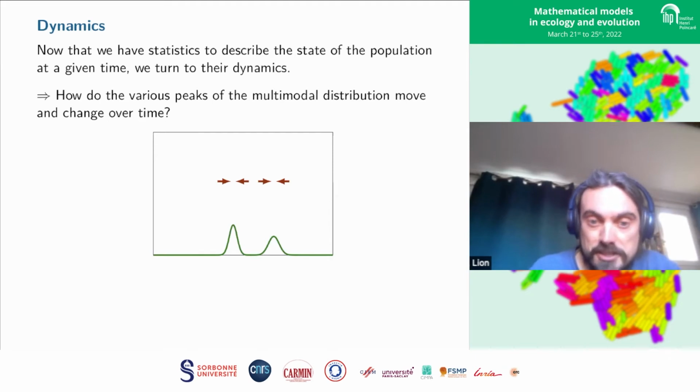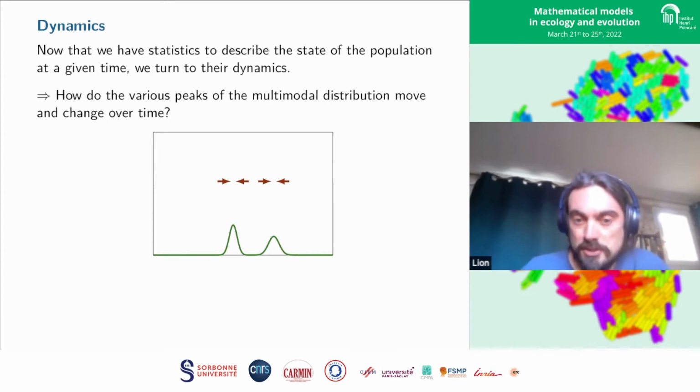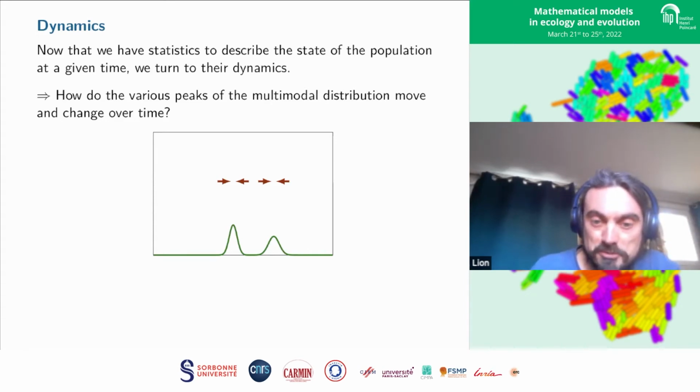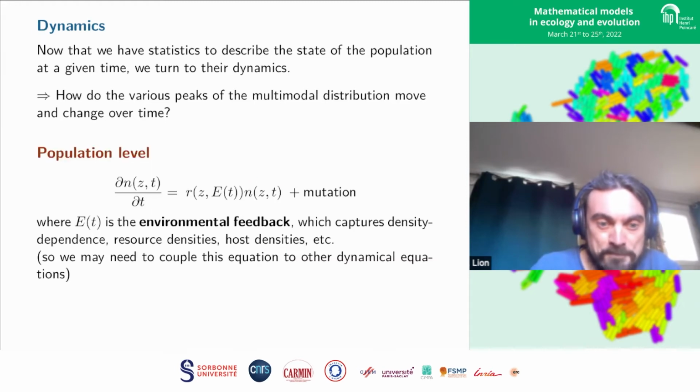That's basically disruptive evolutionary branching. Starting with one peak, we end up with a bimodal trait distribution. And I think the approach can model this easily.